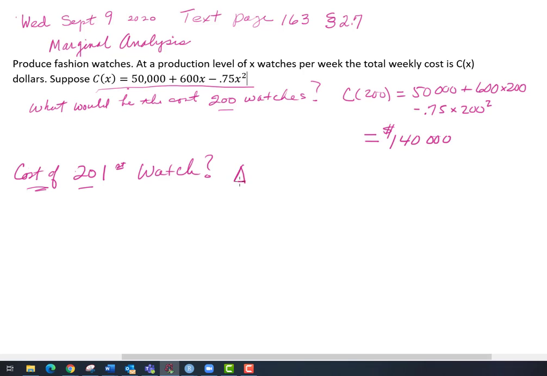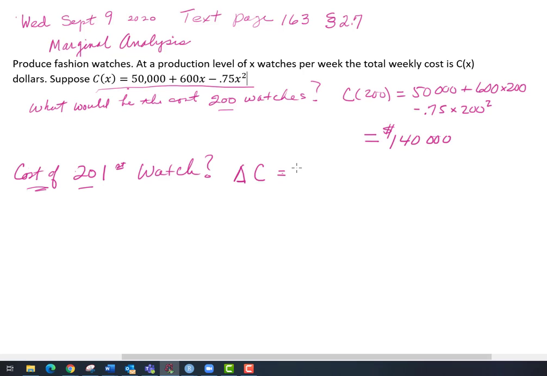Well, this is very much like the work we did in the previous video. It would be the delta C, which would be a function of what the cost function is and where we are on the cost function. We're at 200, we want to go to 201, and the increment, or the dx or delta x, would be 1 unit of production in this case.